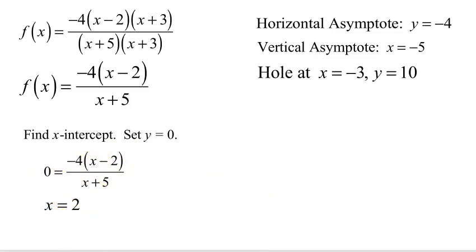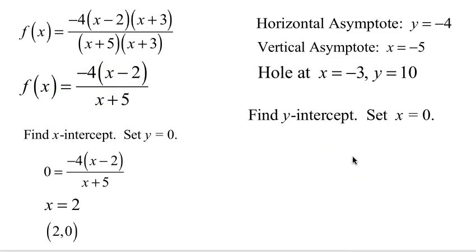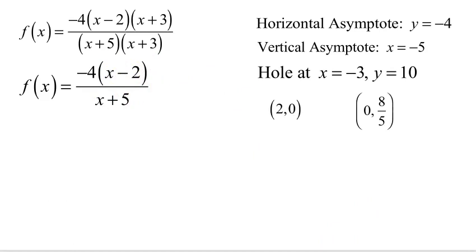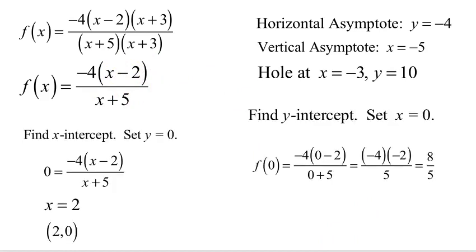Of course, x minus 2 is 0, x is 2. And to find the y-intercept, we are going to set x equal to 0. So doing that, -4 times 0 minus 2 over 0 plus 5, and I get 8/5. So we have 2 asymptotes, a hole, a single x-intercept, and a single y-intercept.